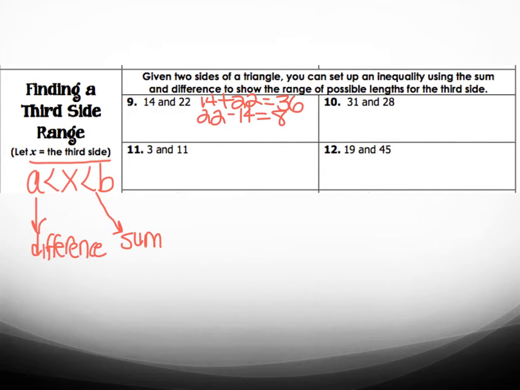So our range of possible third sides is going to be greater than 8. However, it must be less than 36. So that's our inequality. If we have a side that's 14 and a side that's 22, we can make a triangle as long as that third side is bigger than 8 but less than 36. So this is what we're going to do when we're given two sides. We're going to make a range.